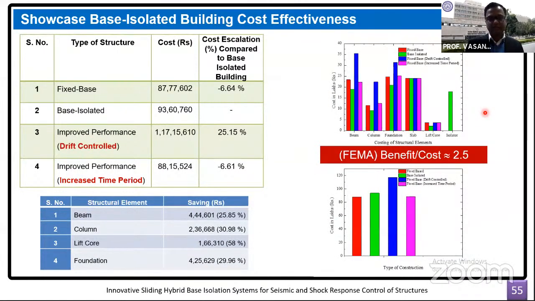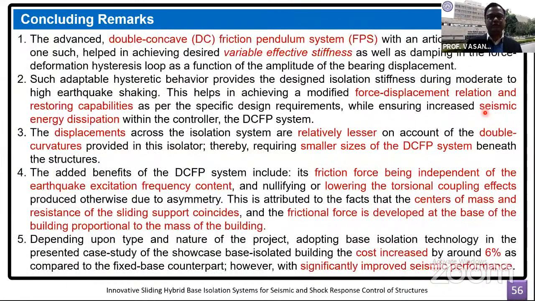So still this comparison we have conducted and put forth that for the improved performance, fixed base building will require 25% more than the base isolated structure, if not furthermore, and still the comparison may not be matched in terms of the performance. We also conducted in the FEMA framework the benefit cost analysis for the base isolated building, and we found that the benefit cost ratio for the base isolated building is in the range of about 2.5 in this project.